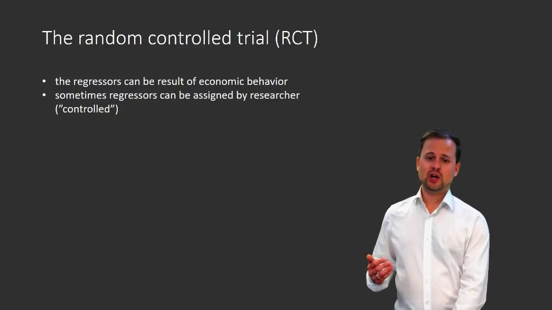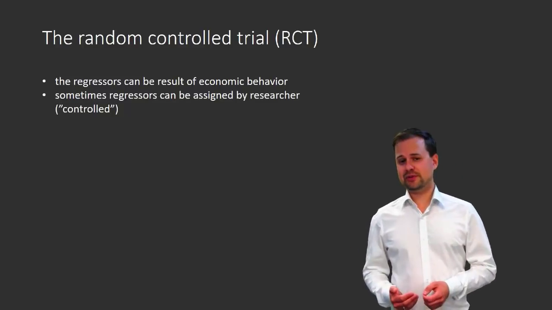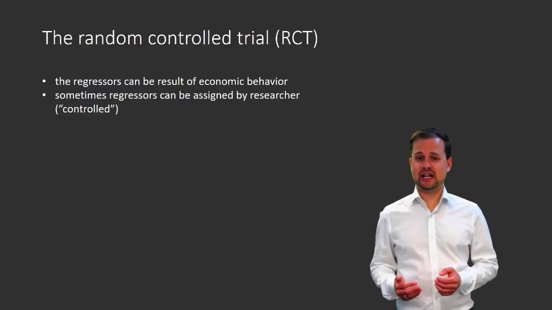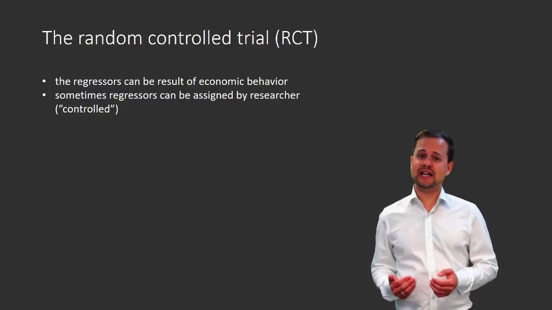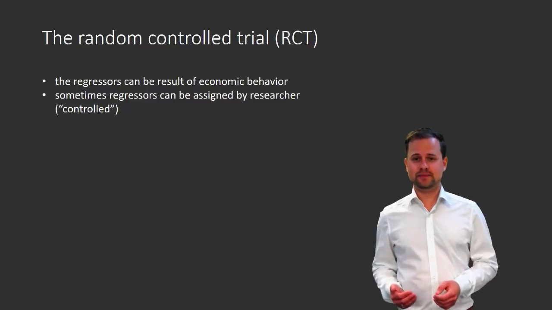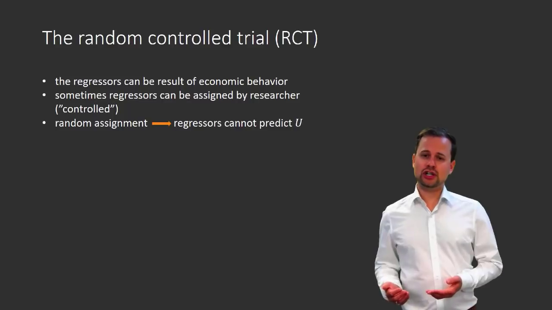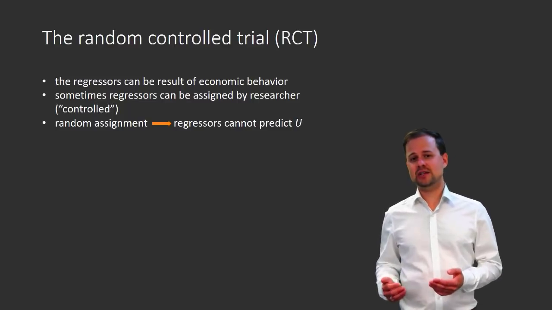Or in other words, we can control the regressors. If we are able to assign regressor values, then the smartest way to do that is to do so randomly. If we assign regressors randomly, then this will make sure that the regressors cannot predict u.